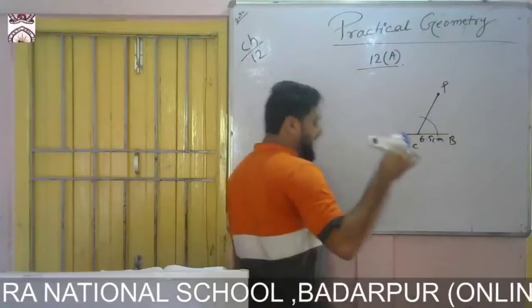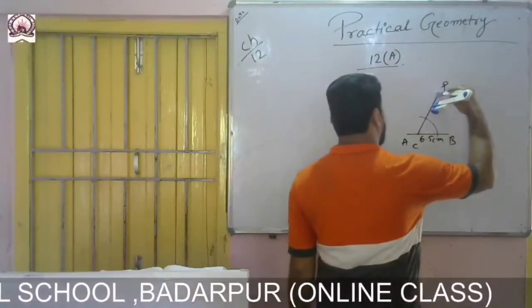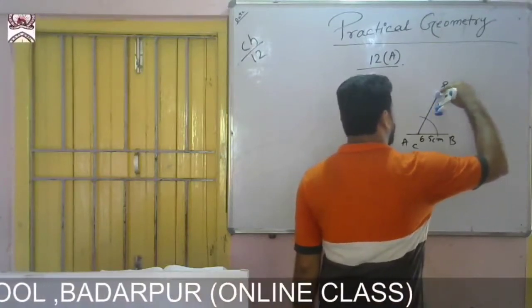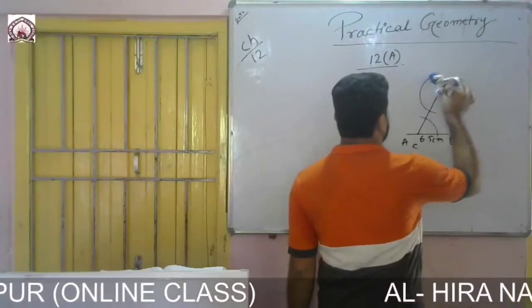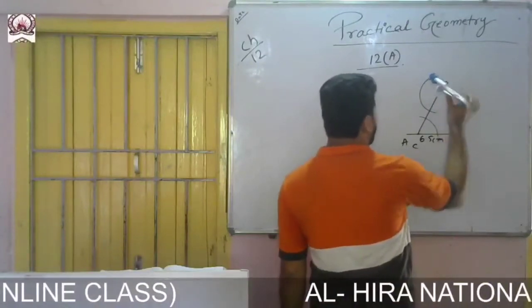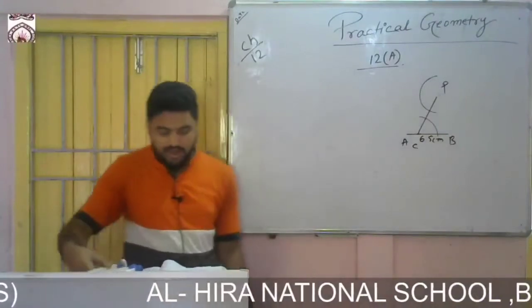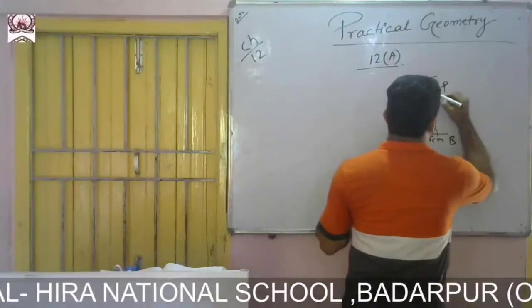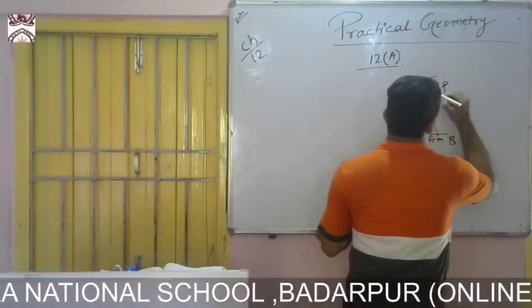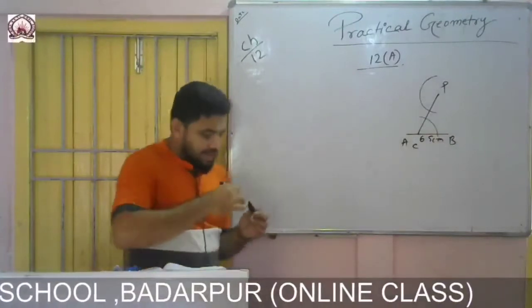Now without changing the radius, taking P as center, you draw another arc. It gets erased every time.